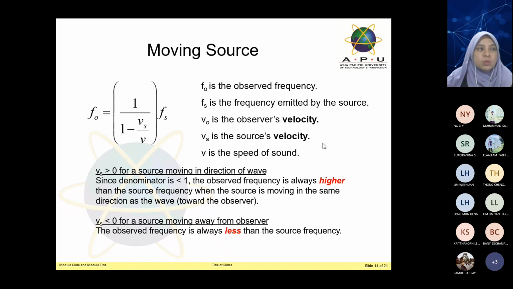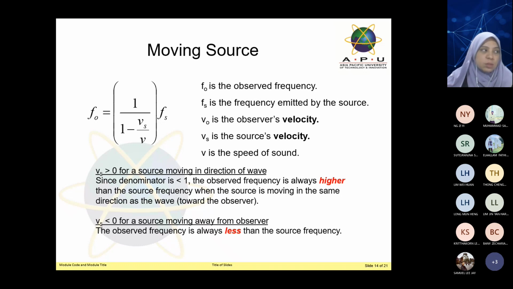So to calculate the observed frequency, you must know these two pieces of information to put into the formula. Next is to multiply with fs. fs is the frequency emitted by the source. vs is the source velocity. vs is more than 0 for a source moving in the direction of the wave.